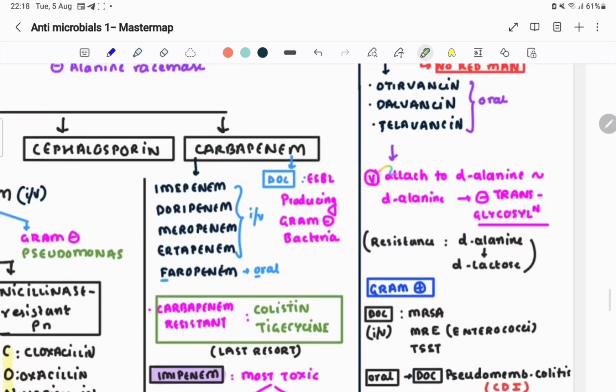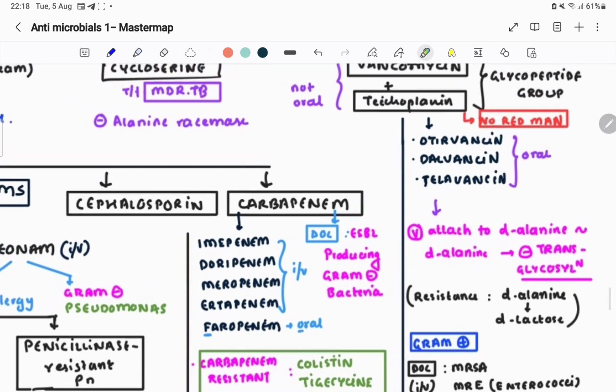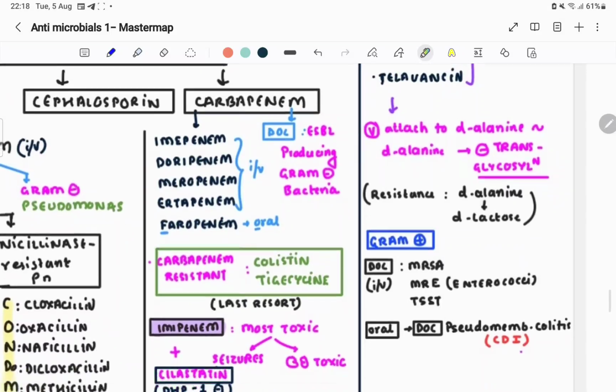Right? Vancomycin attaches to the D-alanine group. Whenever a bacterium has its cell wall, we have a D-alanine D-alanine combination, and vancomycin goes and attaches here and destroys this. So it is basically a cell wall destructor, right?